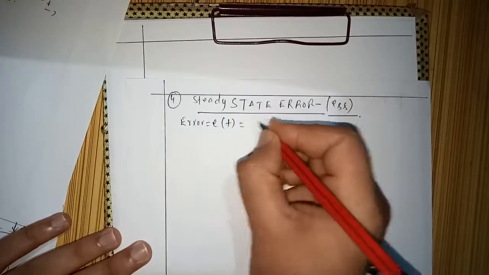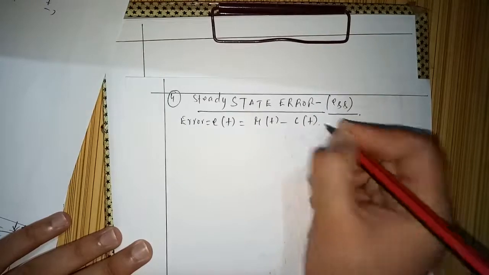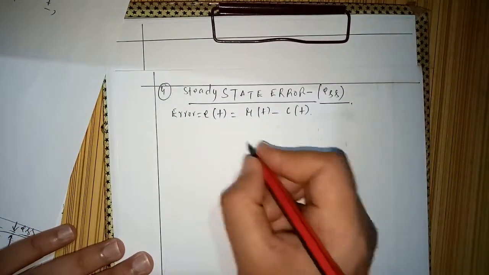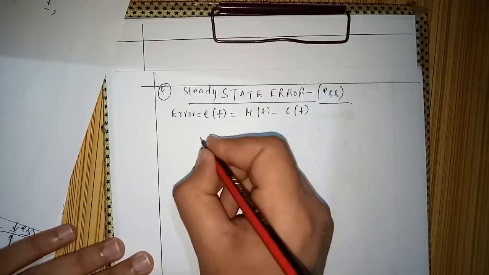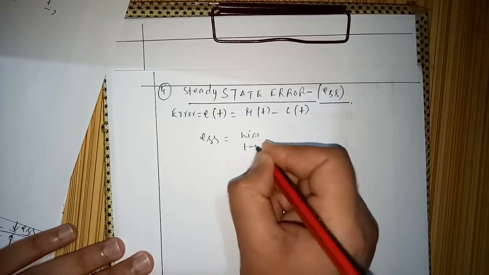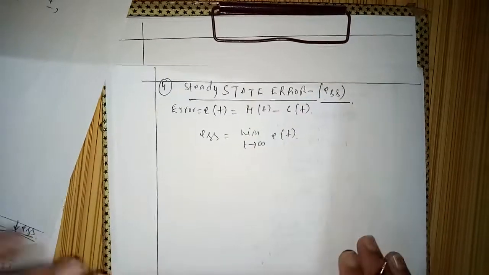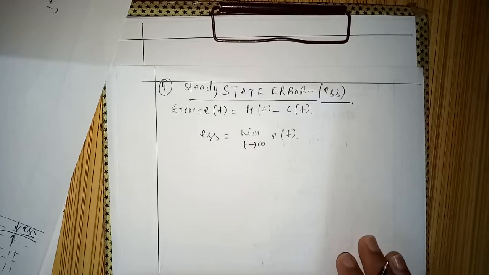Error is equal to e(t) = r(t) minus c(t), the output I am getting. So steady state error will be the limit t tending to infinity of e(t), and that's how we define the steady state error of the system.